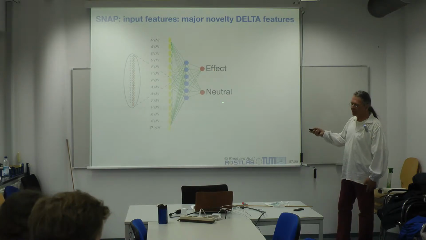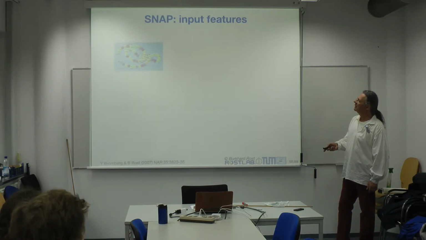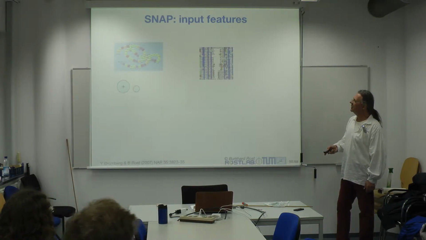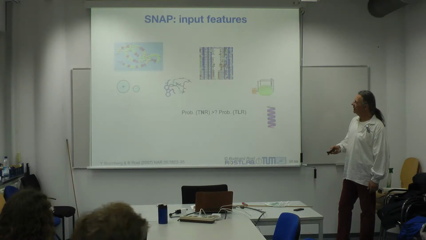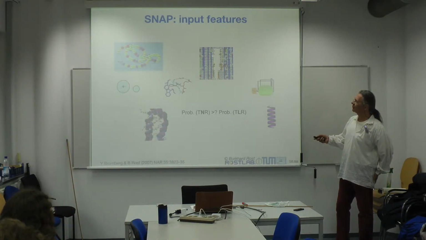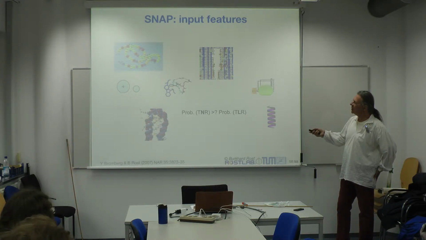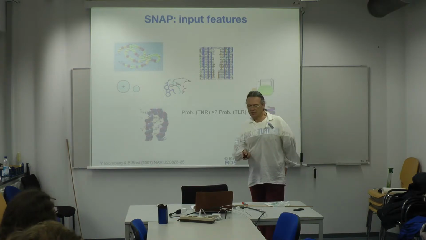Now the output is effect versus non-effect, or versus neutral. The types of features are your typical suspects: conservation, biophysical features, part of motifs and all kinds of things.